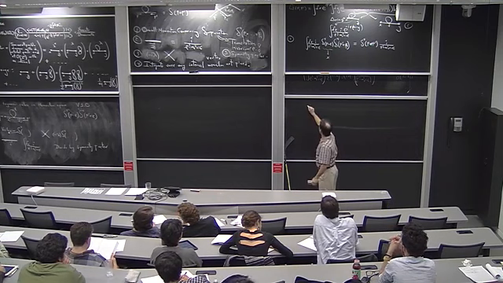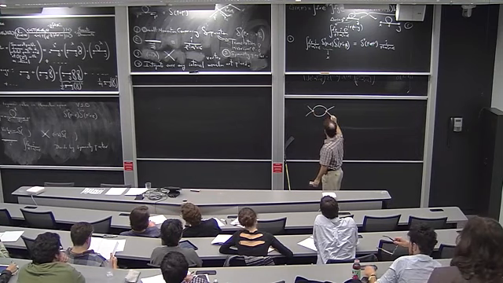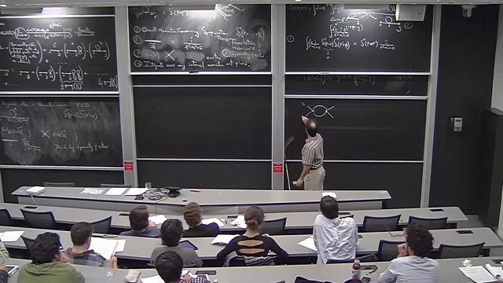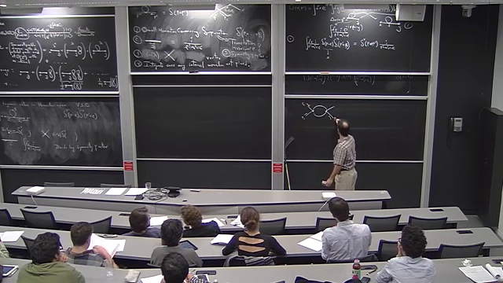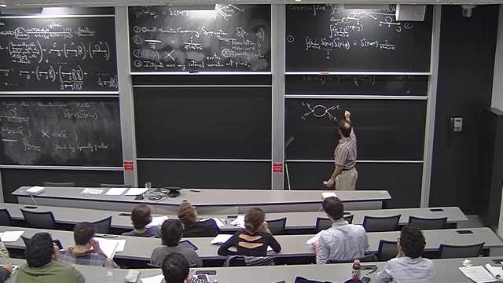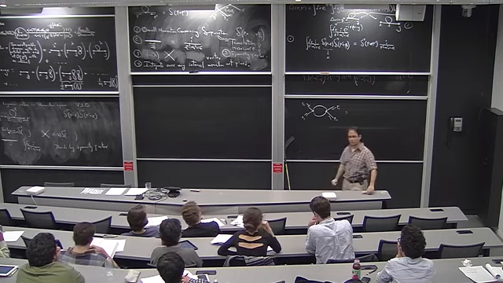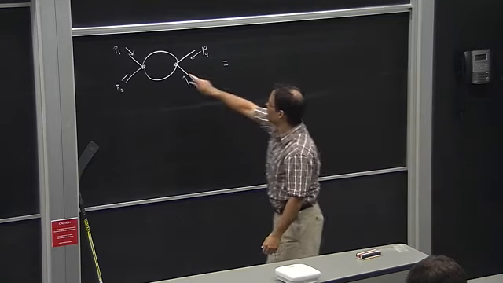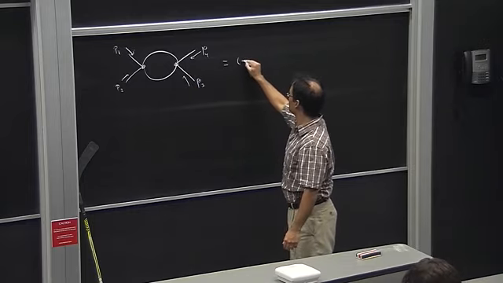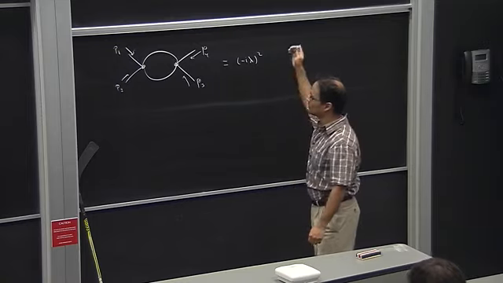Say we have this diagram. This could have been one of the diagrams that contribute to the 4-point correlation function in momentum space, right? So what would this diagram give us? Well, we have the two internal guys, so we put a minus i lambda squared, okay?